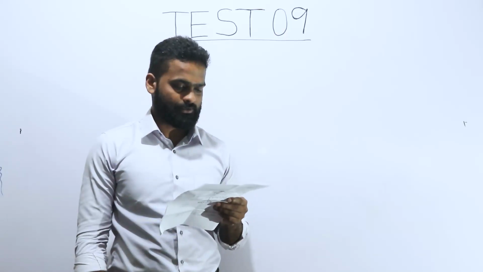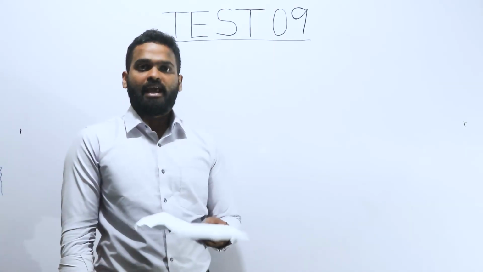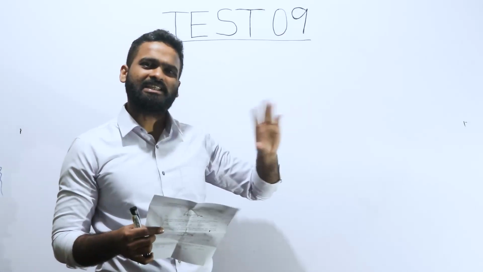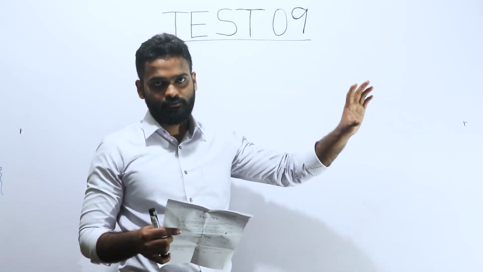Then 12th question. As shown by the image, X and Y wooden blocks are subjected to a horizontal force of 12 Newton. If the kinetic friction coefficient is 0.05, the tension of the string is? So they have given a kinetic friction coefficient, meaning that this system should move, right?